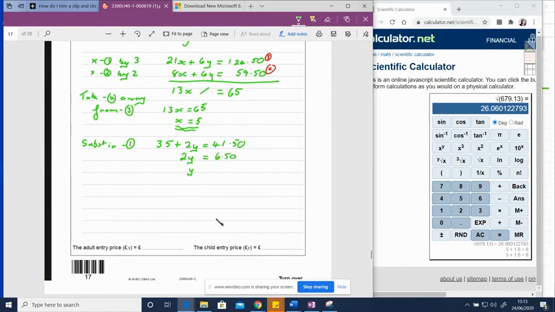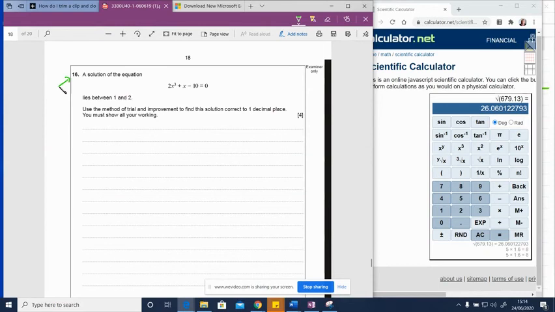That means Y is equal to £3.25 because I've divided both sides by 2. So the adult entry price X is £5 and the child entry price is £3.25. And that has completed that question.